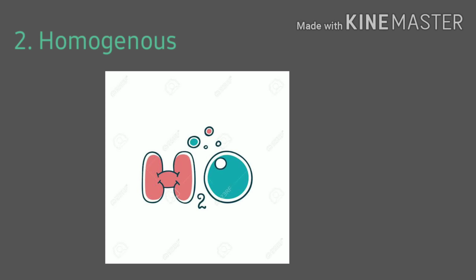In ammonia, the nitrogen and hydrogen atoms are uniformly distributed. In sodium chloride, sodium and chlorine are uniformly distributed. So compounds are always homogeneous in nature.